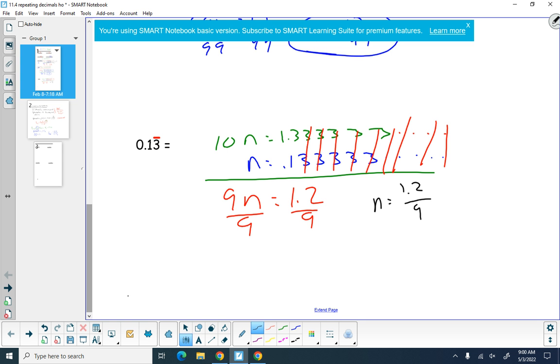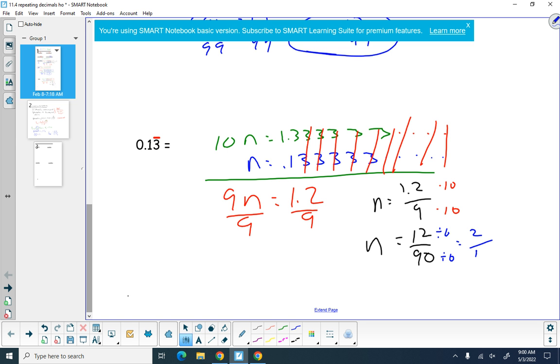Well, using equivalent fractions, what could we multiply top and bottom by to move my decimal point over one position? 10. So if we multiply top and bottom by 10, what we are left with is 12 over 90, which we can reduce down by taking 6 out of top and bottom.